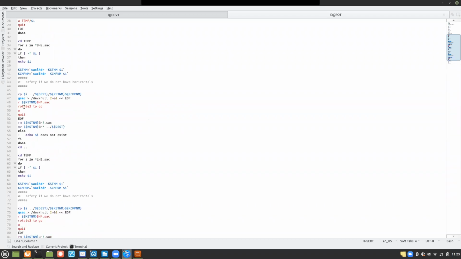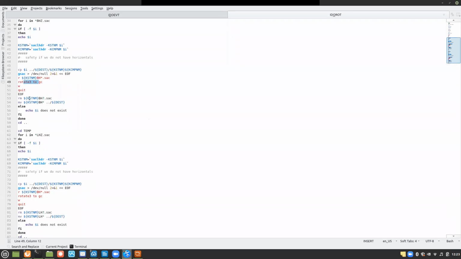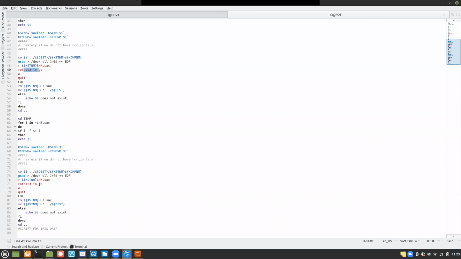And then here it does the rotation. You read the H, Z, and E, and then it does the rotation. So you rotate the horizontal components. We call the horizontal components the north-south and east-west. Those are the horizontal ones, and then we rotate them. The code does the rotation, and then it saves the names of the files.